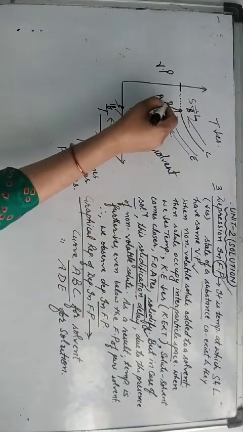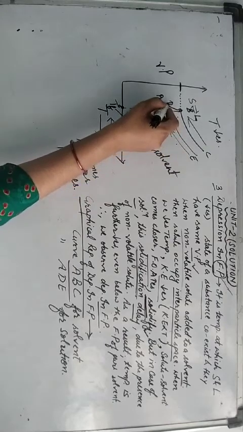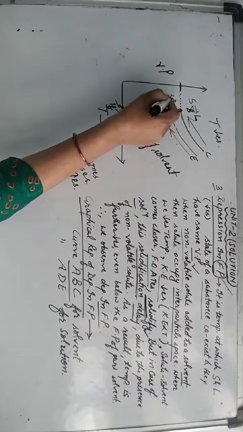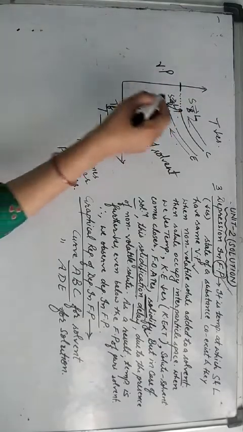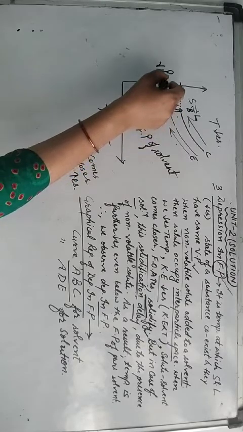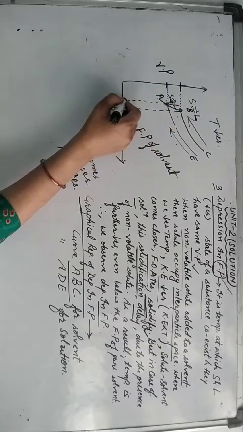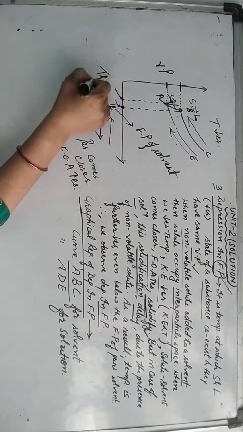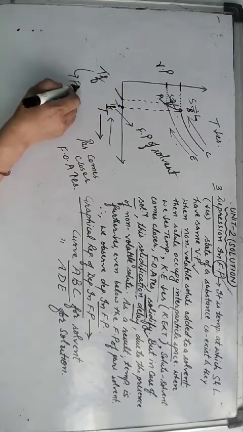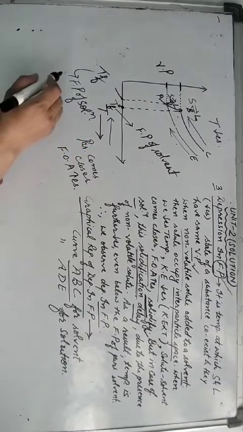It means at point D, solution exists in the two forms, solid as well as liquid form, and correspondingly they have the same vapor pressure and the corresponding temperature, that is TF, is known as freezing point or freezing temperature of solution.